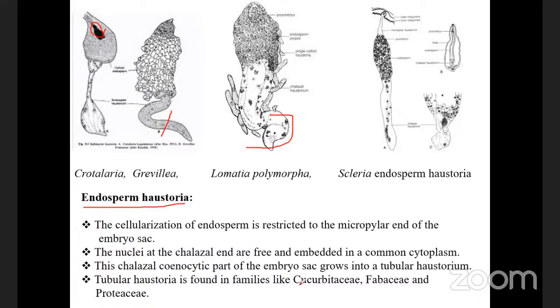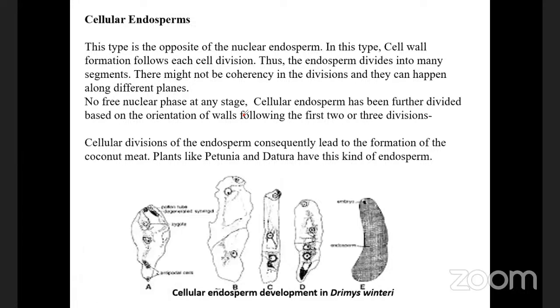Usually tubular haustoria are there in the Cucurbitaceae, Fabaceae, and Proteaceae families. You see the Scleria endosperm haustoria, how it is developing at the micropylar end, and sometimes at the chalazal end also haustoria are formed.